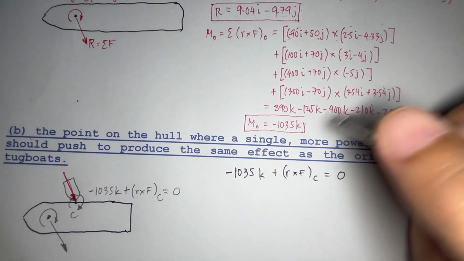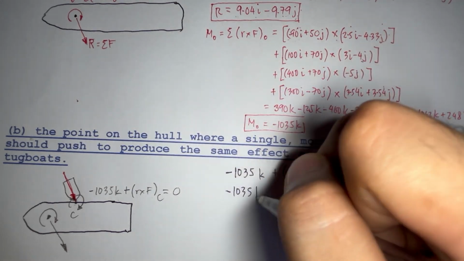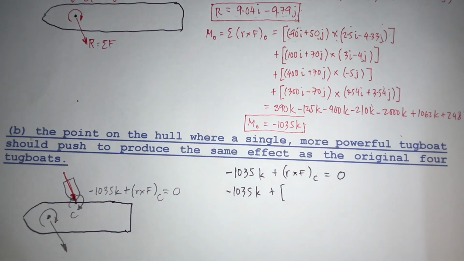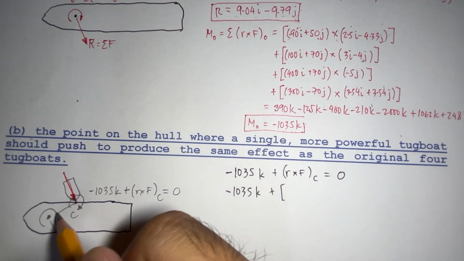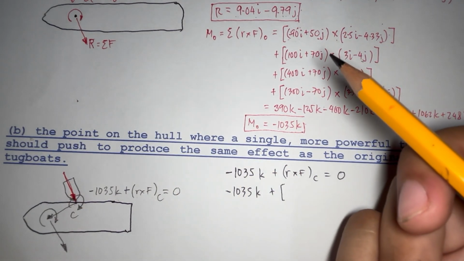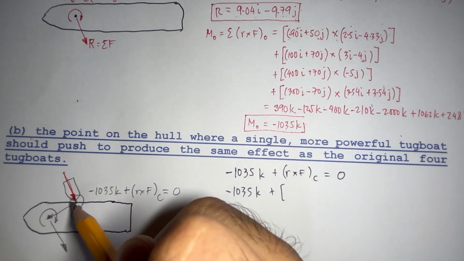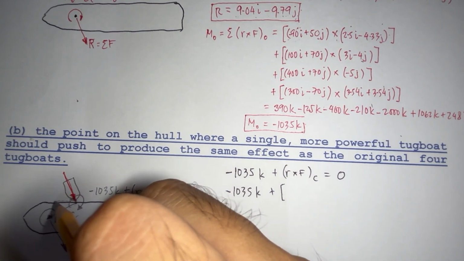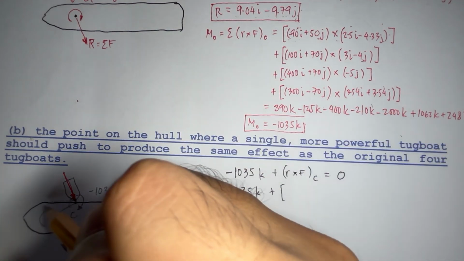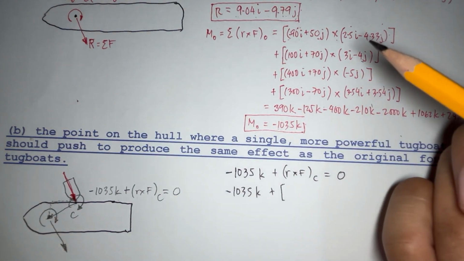So let's substitute. We have negative 1035k plus R, where R is the distance from the new pivot point going to point O. To get from point C to point O, we need to go x units along the x-axis and y units going down along the y-axis.